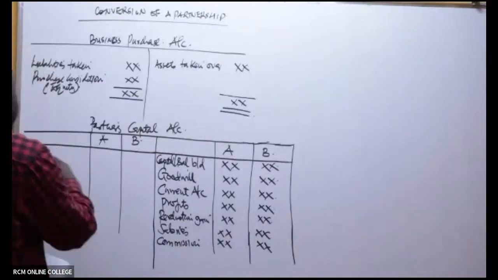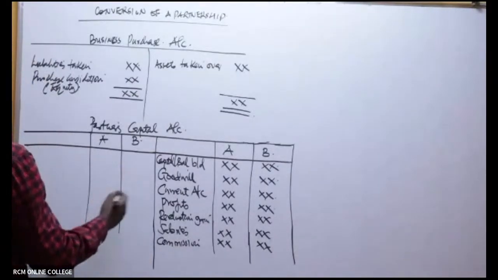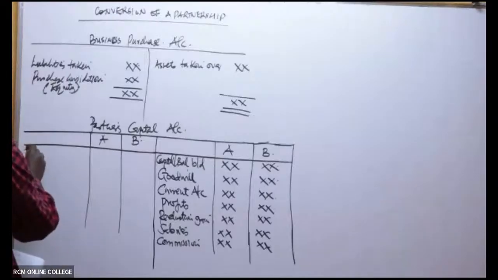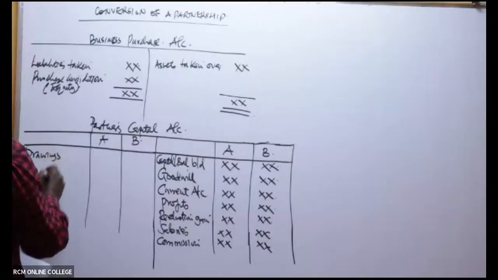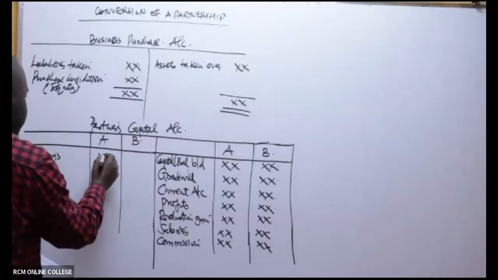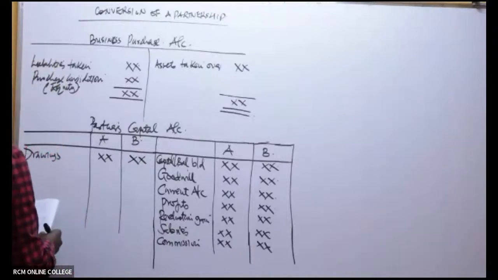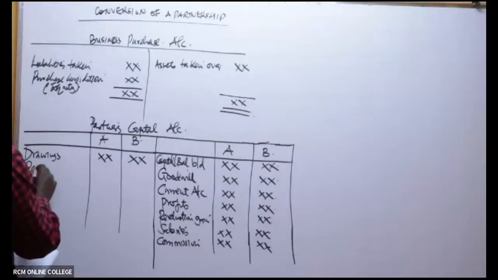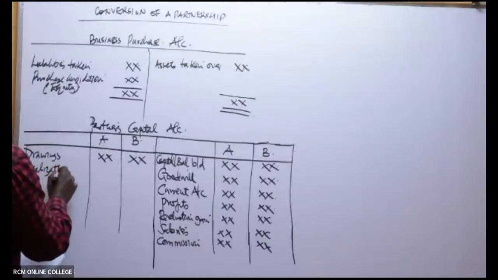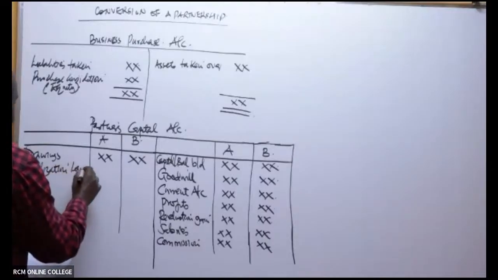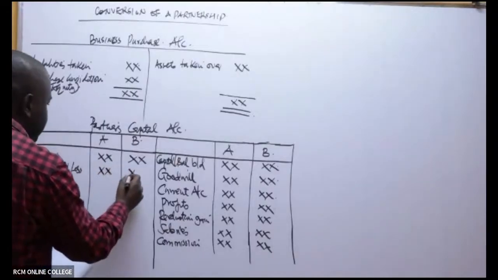Then on the debit side, for example, these partners, maybe during that year they were converting the business, made some drawings from this partnership business. You'll place it here, you debit. There can also be a realization loss.